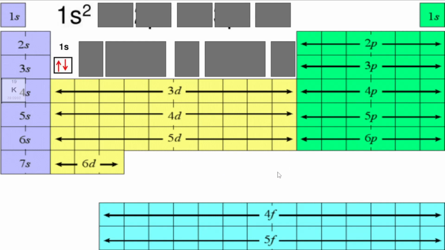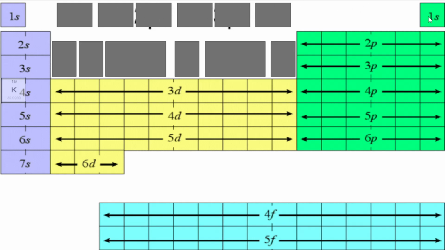So if we want to write the electron configuration for potassium, here's potassium, it's right here. What we have to know is that every orbital before the location on the periodic table for potassium, all of those are full. So we know the 1s orbital is full. We only have 2 possible electrons in the 1s.